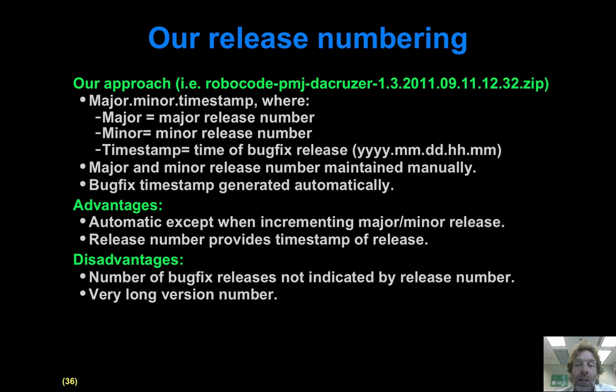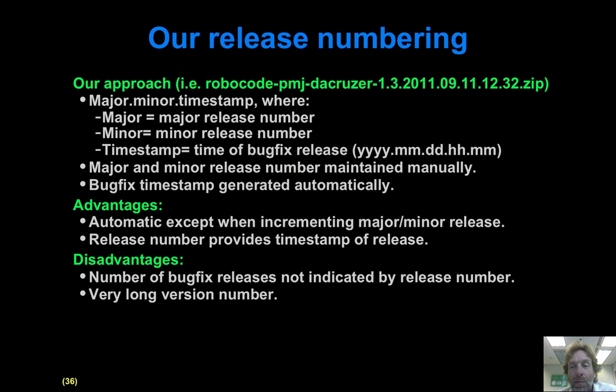Instead, you're going to get a version of the system, you'll create a distribution, and the timestamp will indicate both when the system was created and the sequence of bug fixes that were applied. The nice thing about this is that you won't have two releases with the same bug fix number, which is never good, or with the same version number.